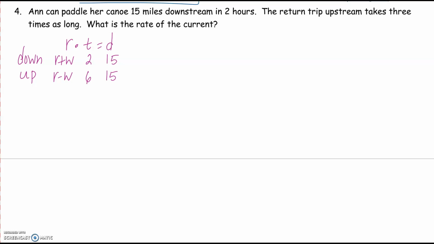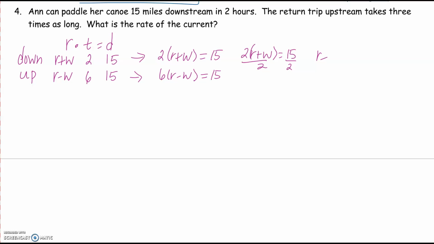Okay, so in the first one, we end up with 2 times the sum of R and W equals 15. And in the second equation, we end up with 6 times the difference of R and W equals 15. The first one we'll divide through by 2, and when we do, we get R plus W equals 7.5.